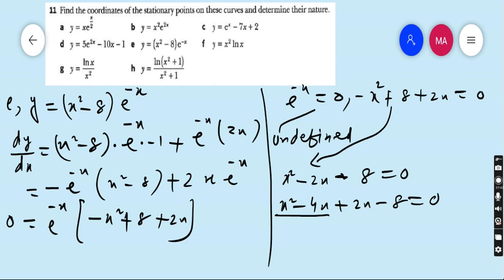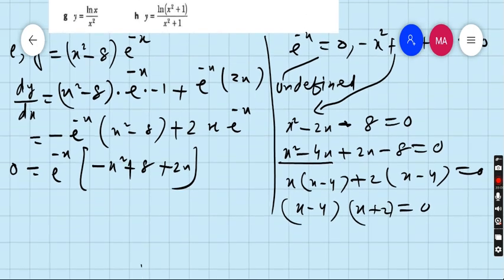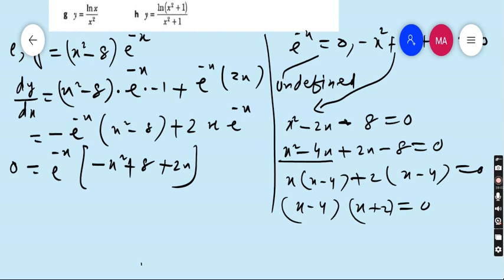Taking x common, x minus 4, 2 common, x minus 4. So x minus 4 times x plus 2 is equal to 0. This implies that x is equal to 4 and minus 2. So these two are the values of x.